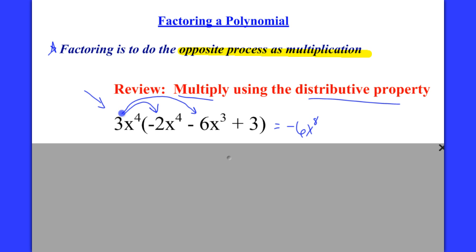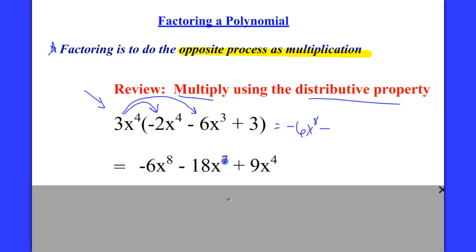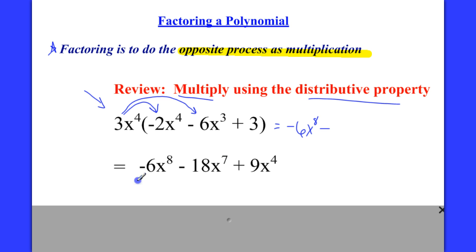That would then be minus, and then 6 times 3 is 18, and you'd add the exponents there, and do the same thing with the 3, and hopefully you'd come out with this answer. 3 times negative 6 is 18x to the 7th. 3x to the fourth times 3 is 9x to the fourth, and you just bring those signs down to match, and you have it right there.